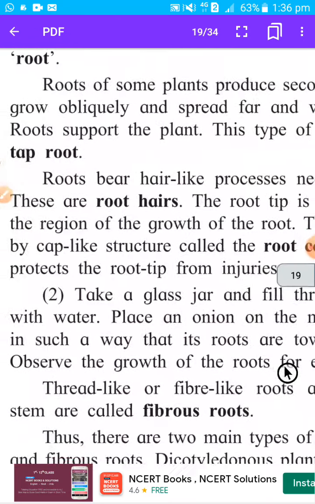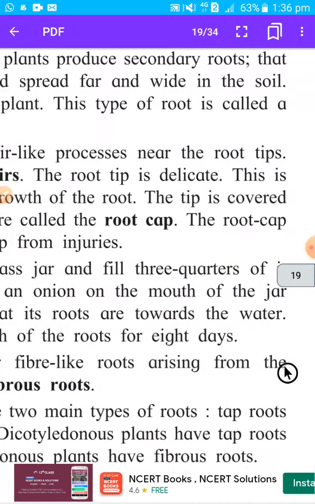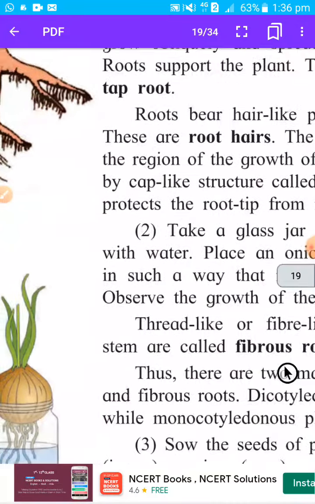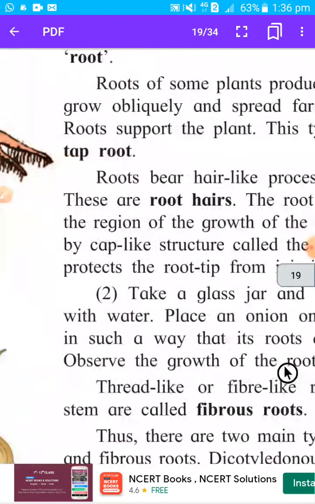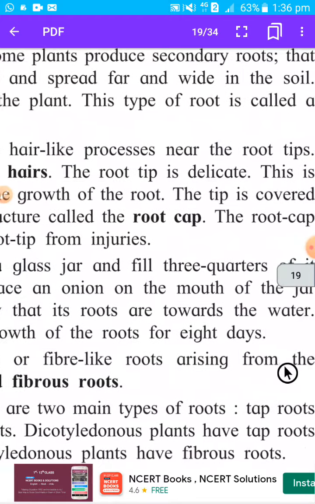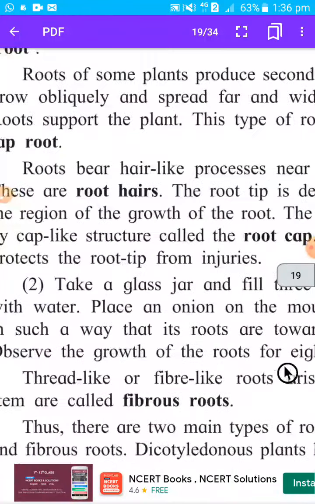Such a type of root is called a taproot and it grows deeply in the soil and gives support to the plant. Root bears hair-like processes near the root tips and they are called root hairs. As shown in the figure, root hairs are shown. Then the root tip is delicate.